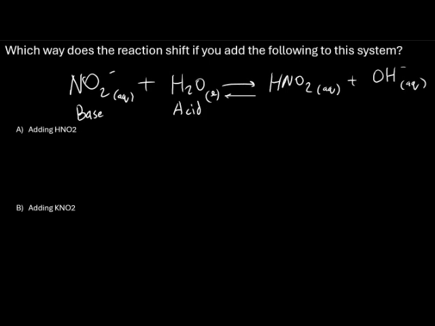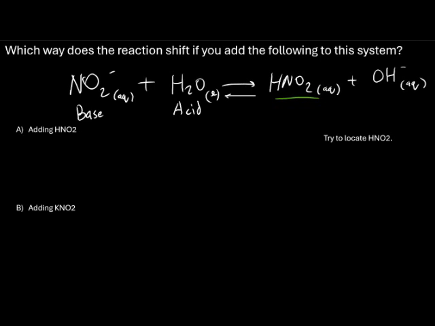Our first question asks, which way does the reaction shift if we add the following to the system? Part A says adding HNO2. The first thing you want to do, if you want to evaluate what happens, is try to locate HNO2 in the system. We can see that HNO2 is located on the right-hand side of the equation.